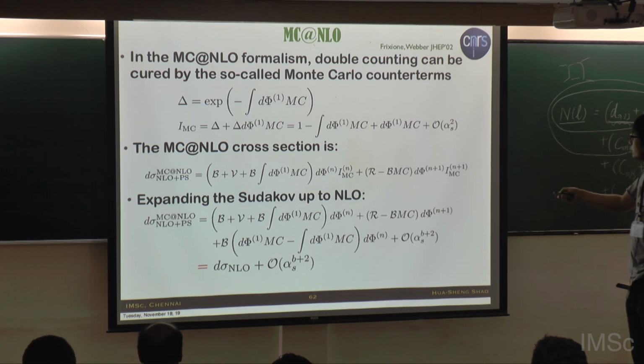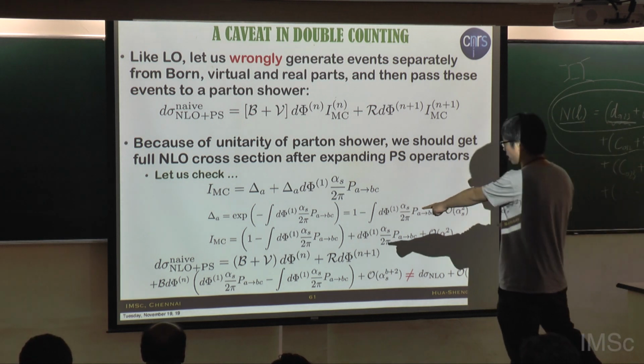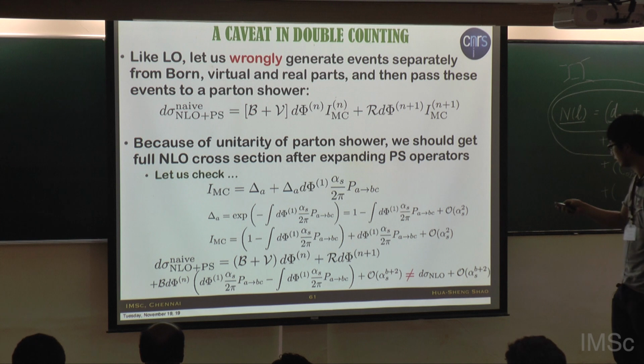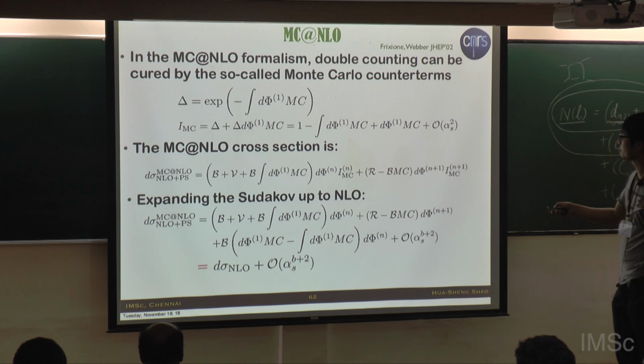Then what do you need to do? In fact, we see that we have some additional terms that come from these: Born times d phi 1 and the integral of d phi 1. And right now, I actually add back, or rather subtract, this one.